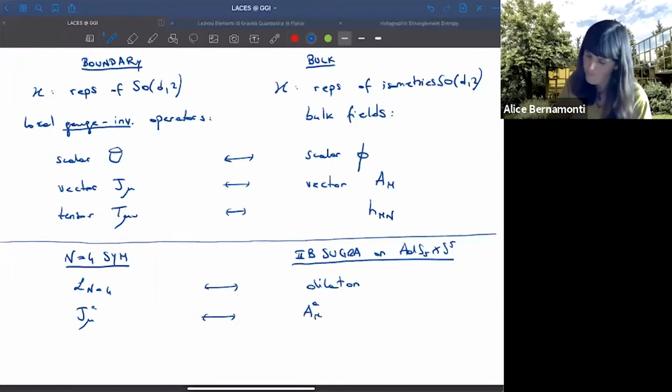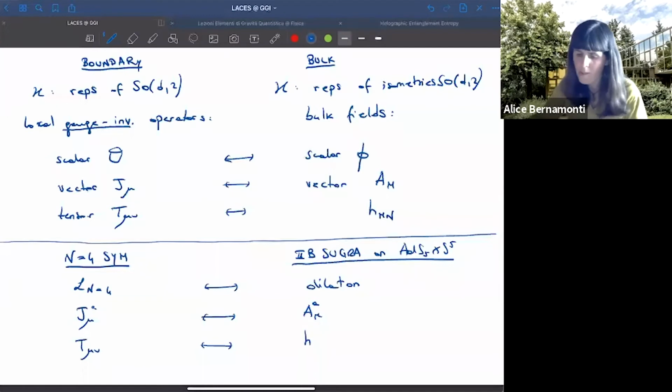And indeed, the energy momentum tensor T_mu nu can be found to correspond to the metric perturbations h_MN, the deviations from AdS spacetime.